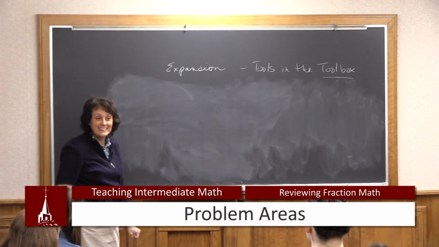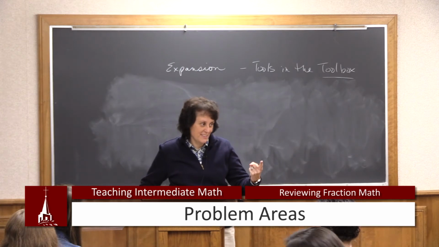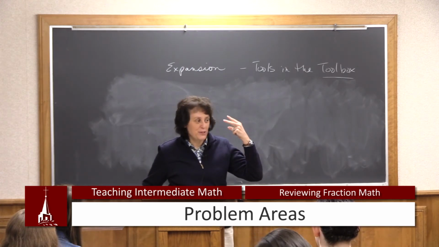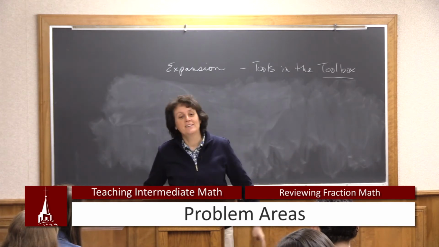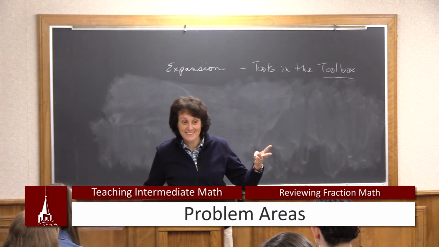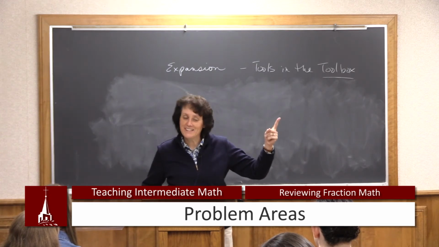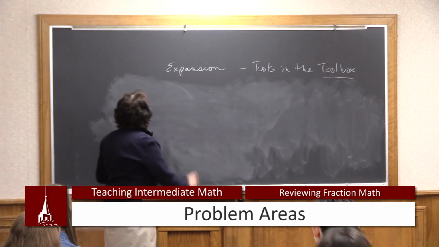Problem areas, right? Number 1 is terminology, the law of language. Number 2 is facts. Number 3 is? Number 4 is? Procedure. Number 5? Number 6? Problem areas.